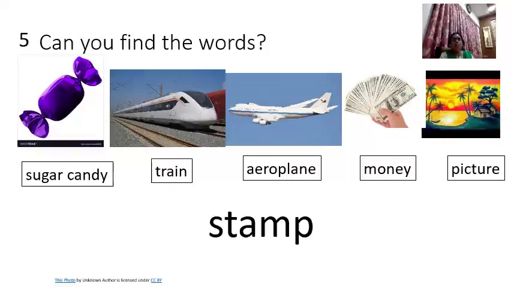Now, you have to remove the first letter of each word. The first word is sugar candy. So you have to remove S. Okay? S from sugar candy. Then comes the next word. You have to remove T from train. Then A from aeroplane.